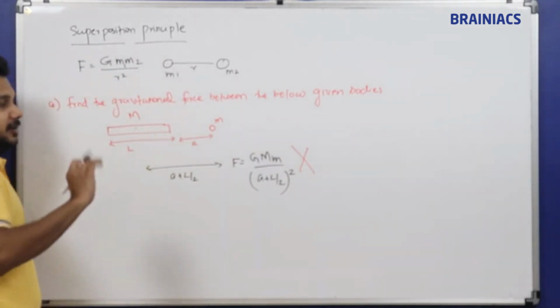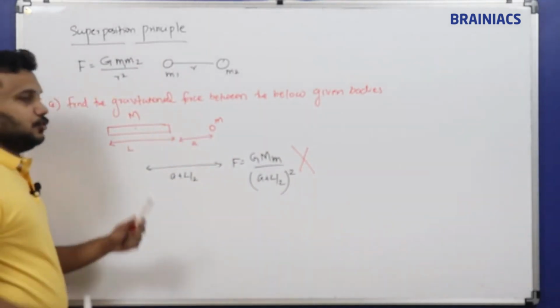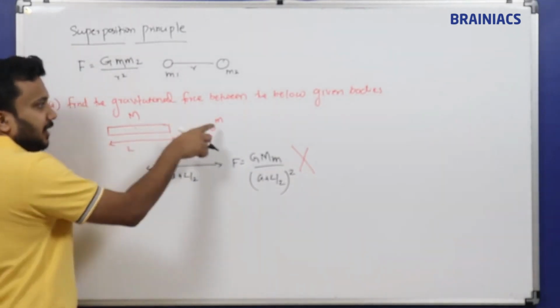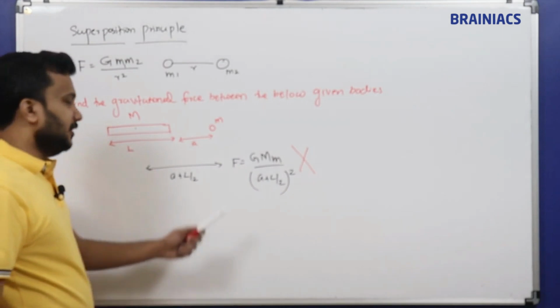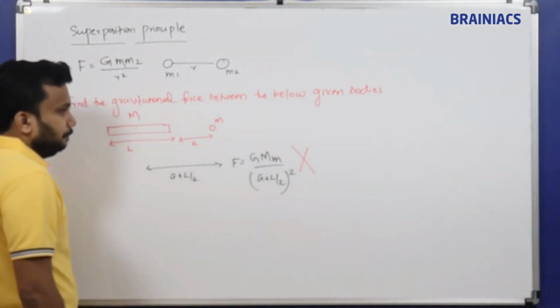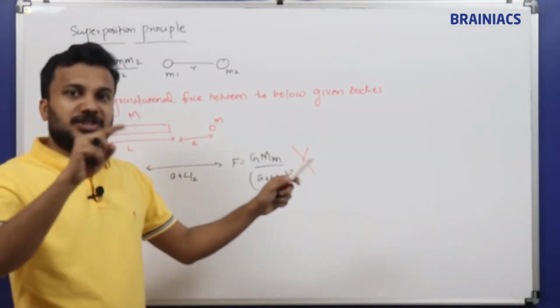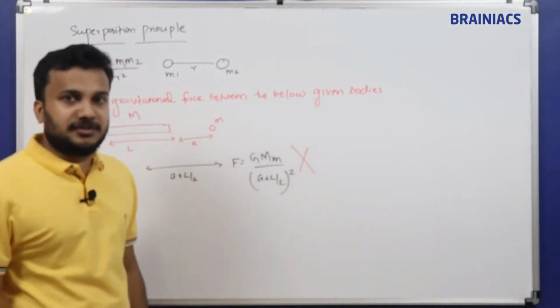Why? Look here. If these are two point masses, like this capital M is a point mass and this small m is also a point mass, then you can apply this formula and find the answer. If two are bigger blocks, then you can take the two center positions. Last class we solved this kind of question.